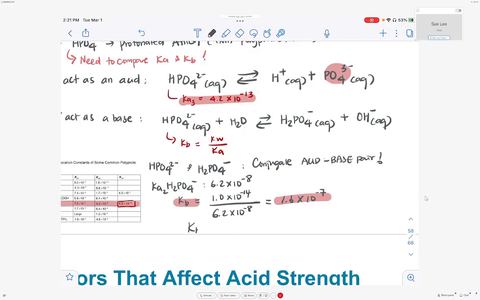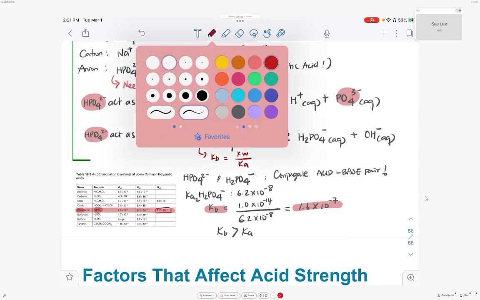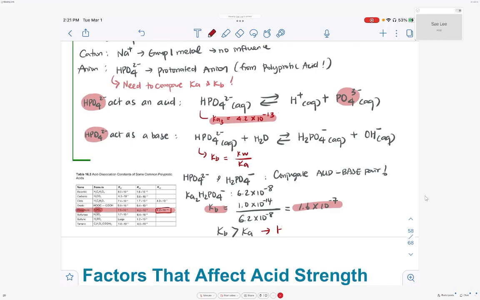So because Kb is larger than Ka, this anion will act as a base.